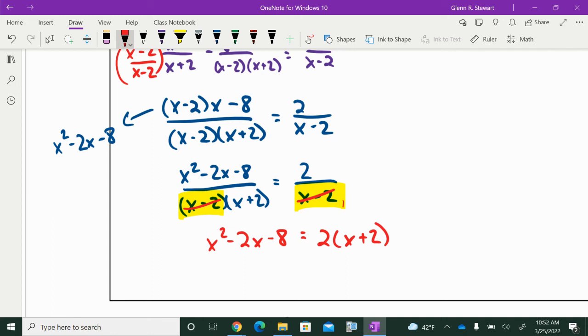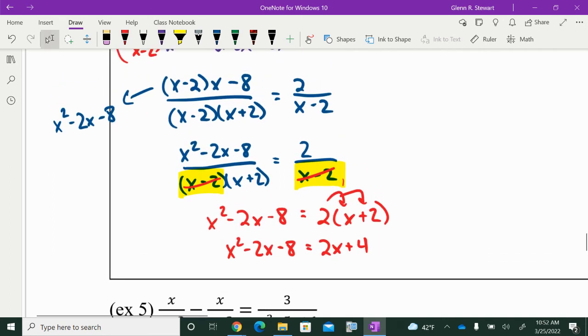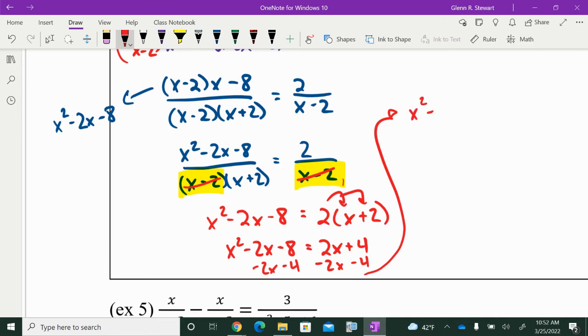I'm going to distribute. So I get x squared minus 2x minus 8 equals 2x plus 4. And then I'm going to subtract 2x from both sides and a 4. So I get x squared minus 4x minus 12 equals 0.